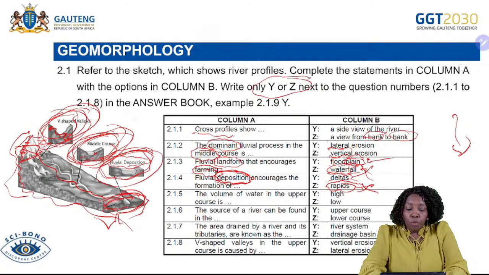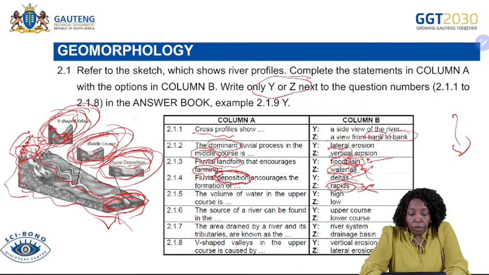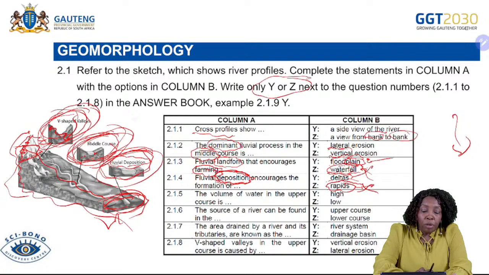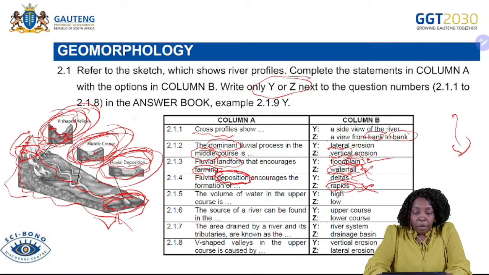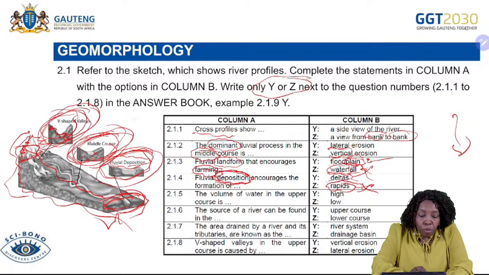215, the volume of water in the upper course of the river. So even when you look at the diagram that you have here, you must be able to deduce the amount of water. Even from this diagram, you can see the streams have less water. As you can see, they're showing a very fine line that is indicated here.